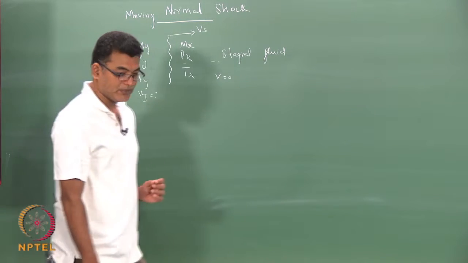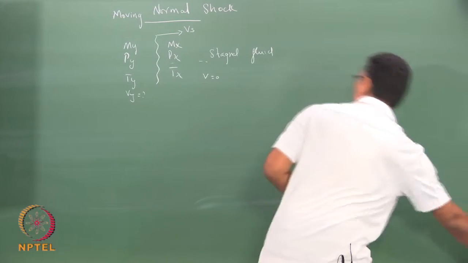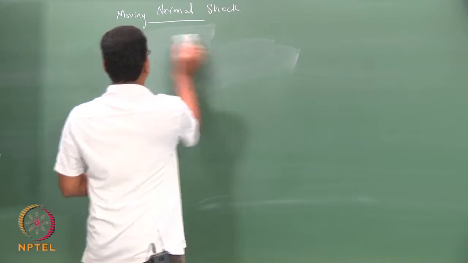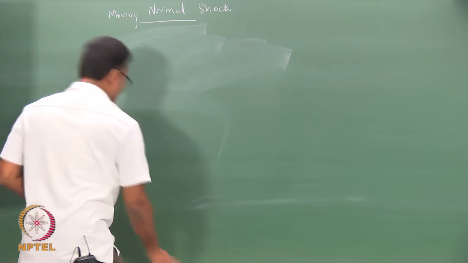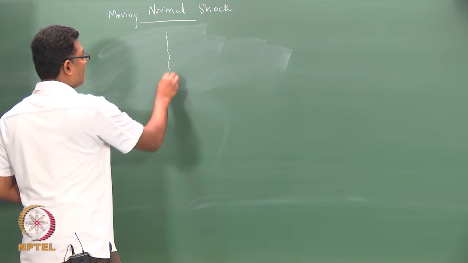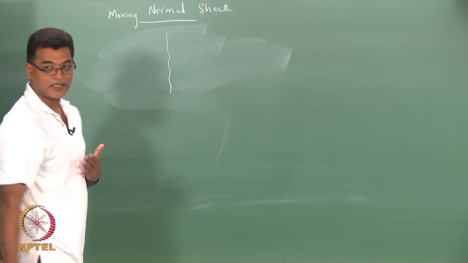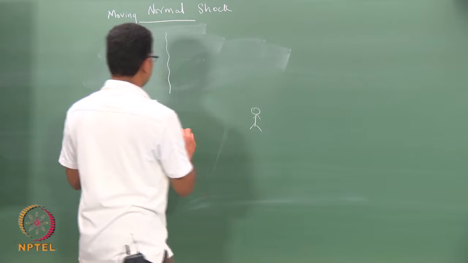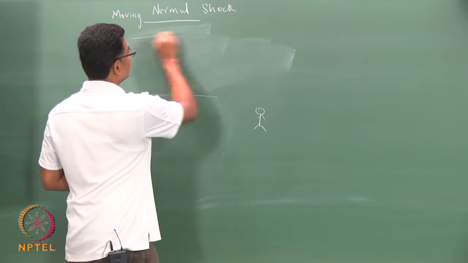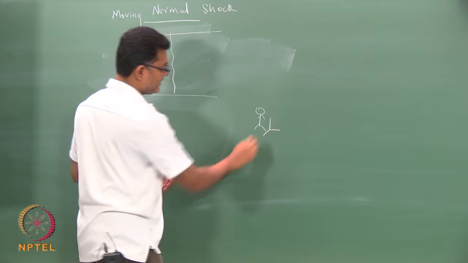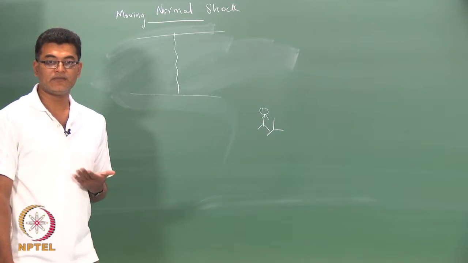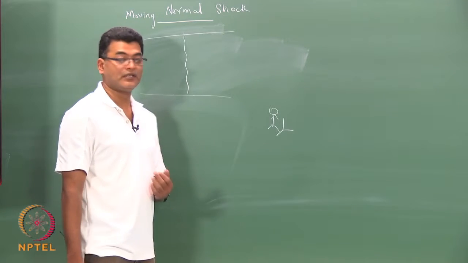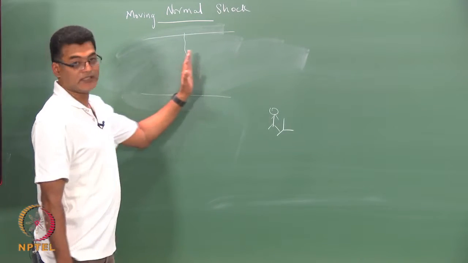Now, we will do the proper notations. I have a shock and I am an observer standing outside this. So, there is a frame of reference associated with the observer, like what we had done when we evaluated the velocity of sound. I have a pressure wave that is moving.